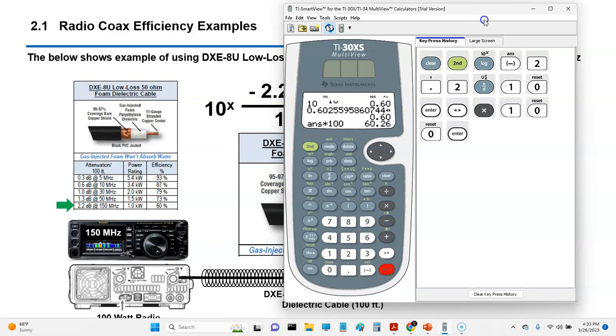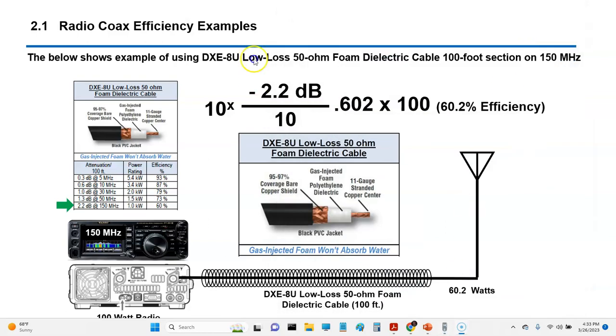That's going to give us roughly 62 watts at the base of the coax. So those are two examples of how you do coax efficiency. And that's part of what you're going to be learning when you're doing logs. You're going to learn how to understand when they talk about gain, antenna gain, dBi, dBd, coaxial loss, all these things. You're going to be able to equate these to real losses or values, factors.